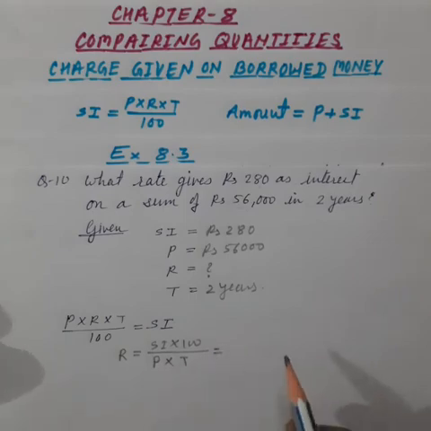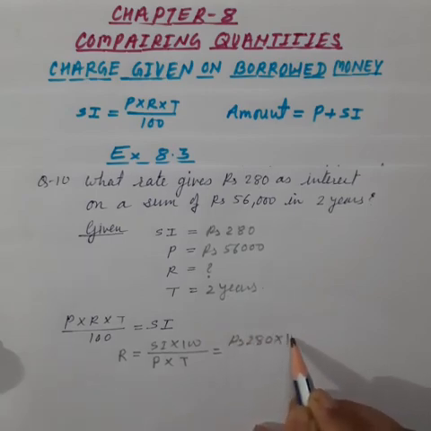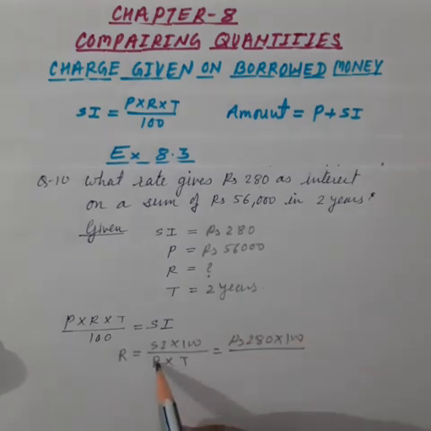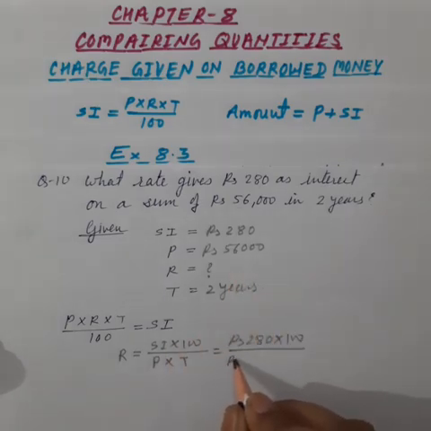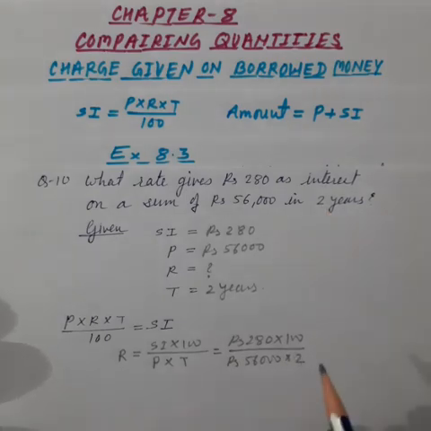So this formula we get for rate. Simple interest is rupees 280 into 100 divided by principal is rupees 56,000 and into time. Time is 2 years.